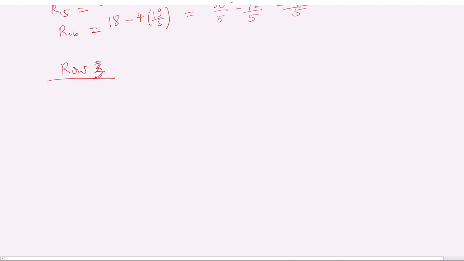Row 3 will now be, we already have the transformation relation, don't forget, which is R3 equals R3 old plus 3R2. Okay, good.